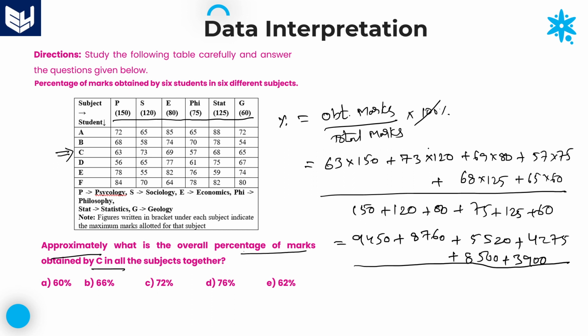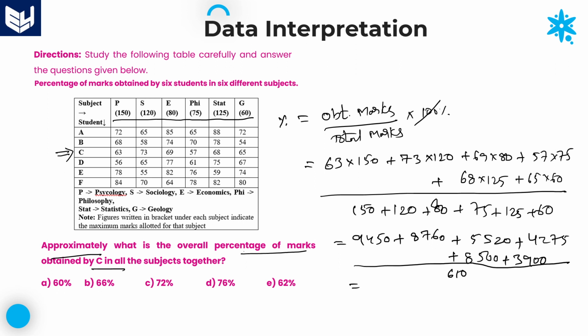Now you can add all the total values. Here it is 120 plus 80, 200, 75 plus 125, 200, that is 400, 400 plus 150, 550, 550 plus 60, 610. Denominator value is 610. Now coming to the numerator value.